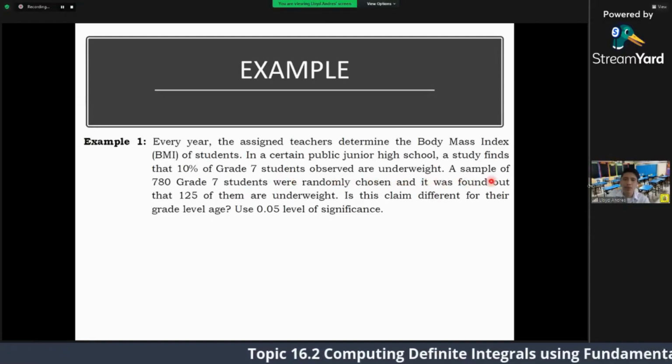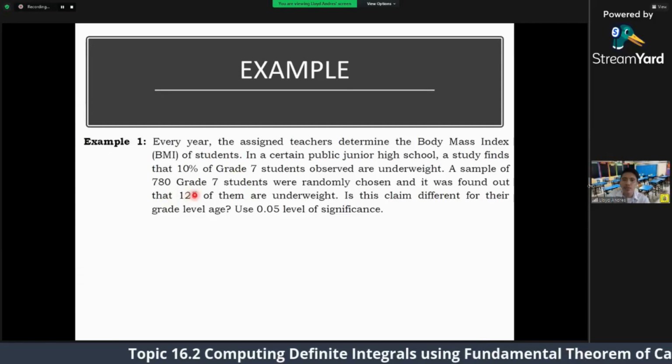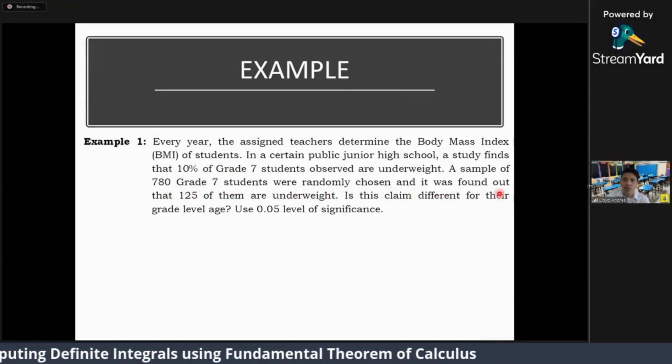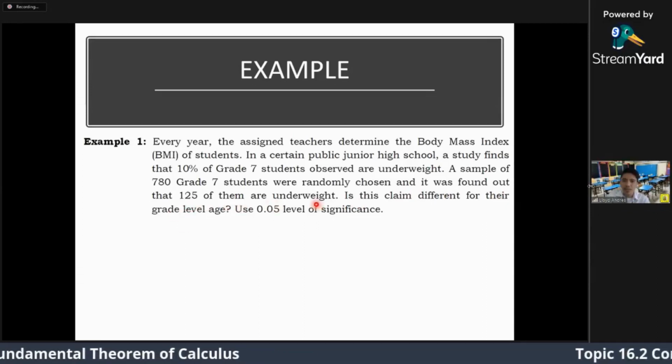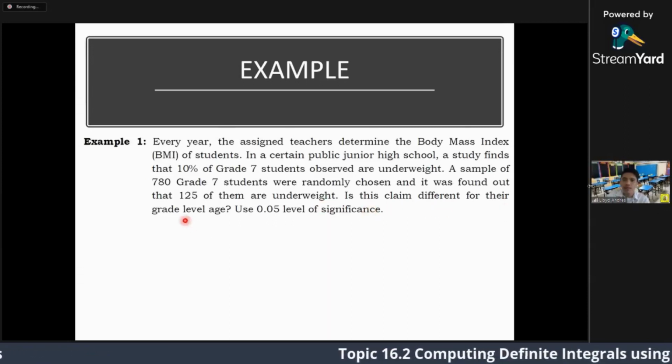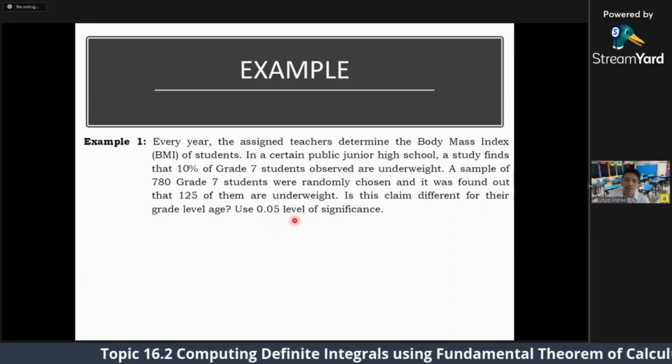A sample of 780 grade 7 students were randomly chosen, and it was found out that 125 of them are underweight. Is this claim different for their grade level age? Use 0.05 level of significance.